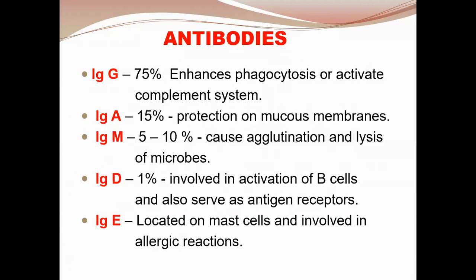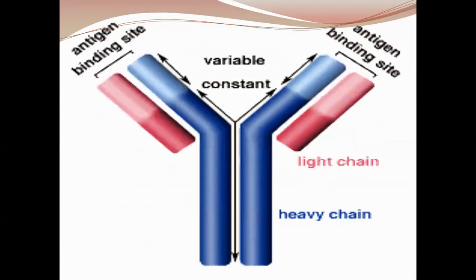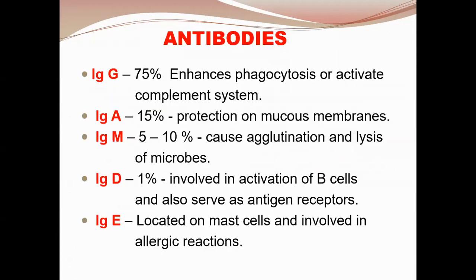So this immunoglobulin G can cross the placental barrier and reach the fetus, like Ganga, which can flow from the placenta to the fetus. And IgE is located especially on the mast cells and involved in allergic reactions.